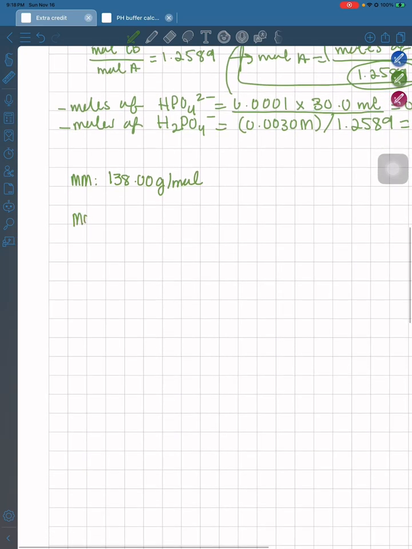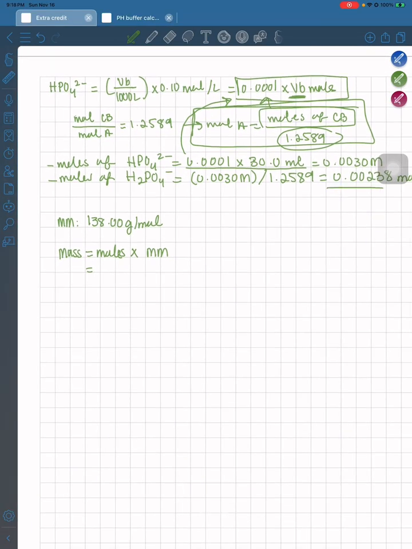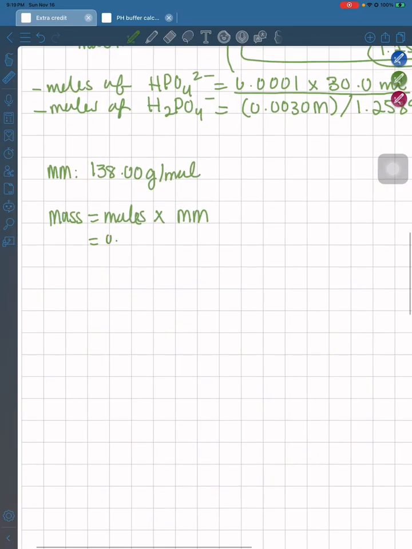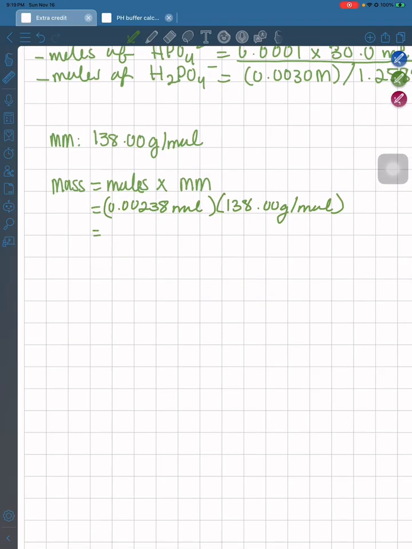Now we know that mass is equal to moles times molar mass, and the moles we just calculated earlier, it's this value over here, 0.00238 moles, and that's times the molar mass, 138.00 grams per mole. Simply multiply that and you should get 0.32844, which is about 0.33 grams.